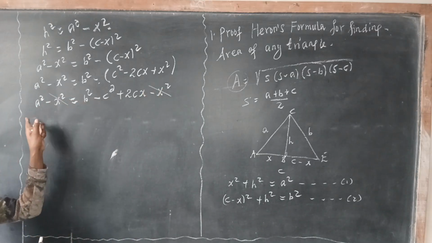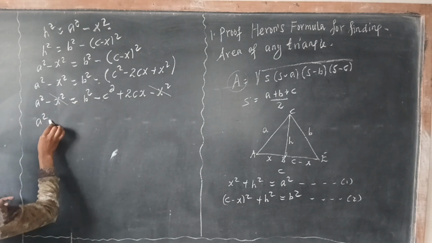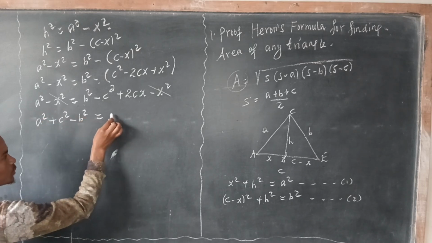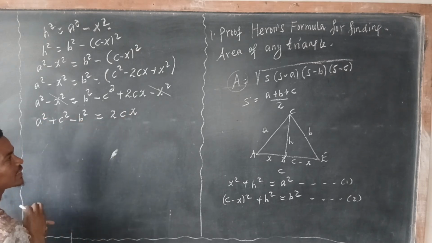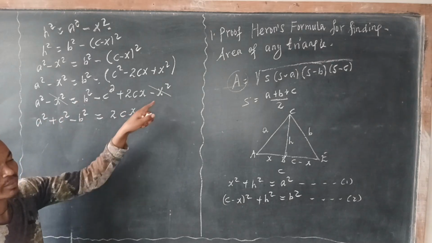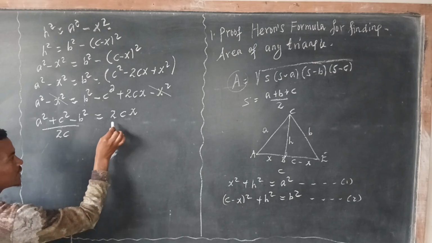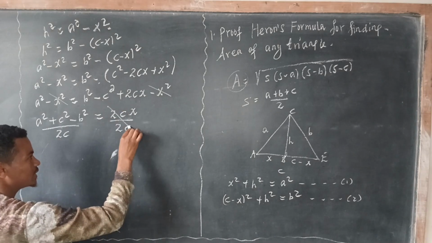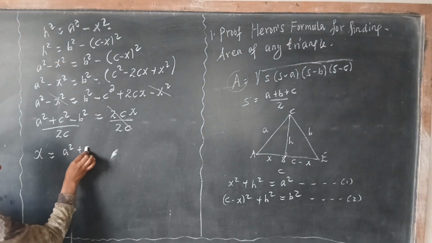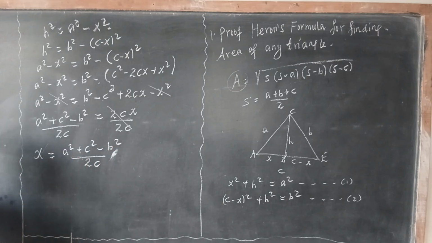Then collect terms to this side: a square plus c square minus b square is equal to 2cx. Now divide both sides by 2c. So x is equal to (a square plus c square minus b square) over 2c.